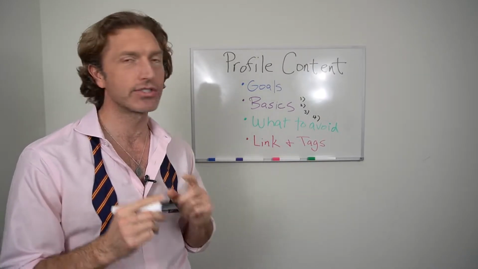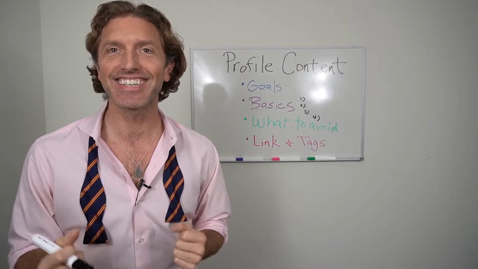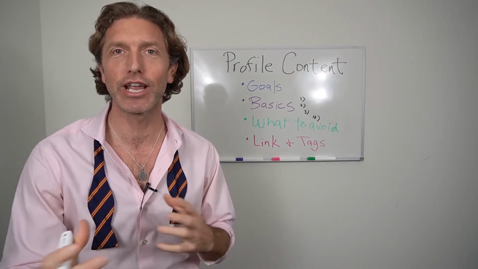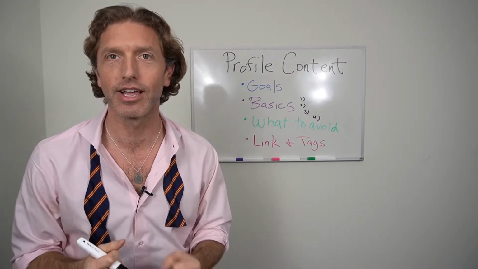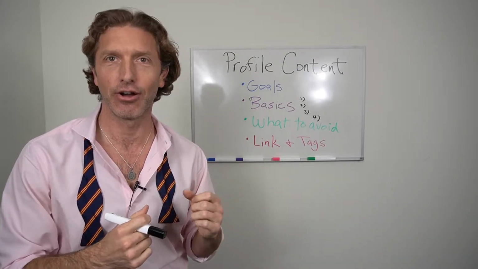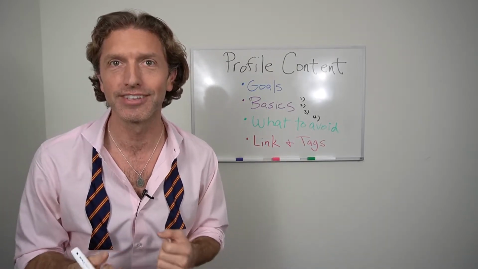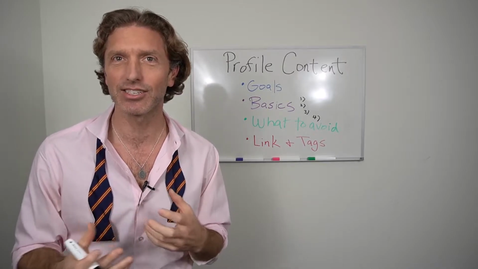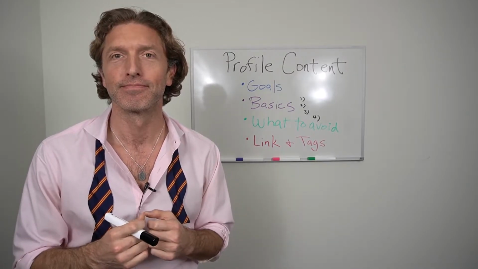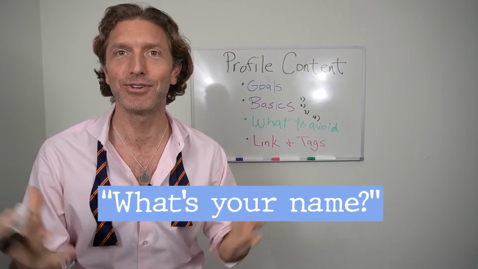So first thing, this is like a conversation starter. When you meet a stranger in the real world, like you're meeting every day on Instagram from all over the world, what would be the first thing you ask a new person in real life? What's your name?